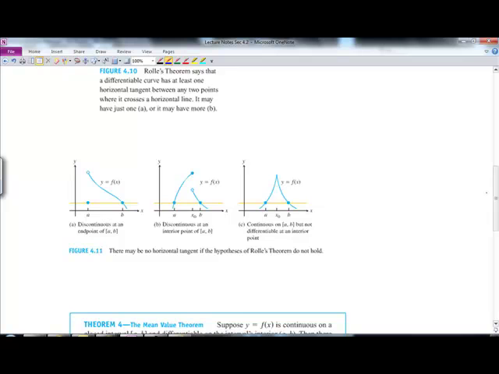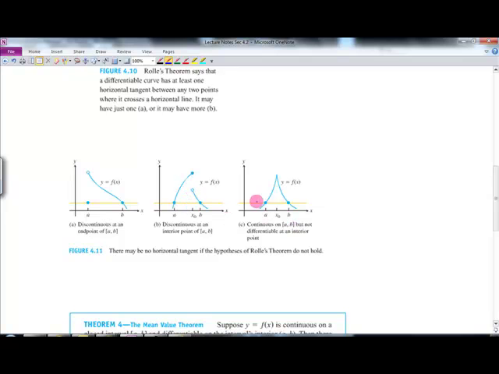There could be no horizontal tangent if the hypotheses don't hold. So what's wrong here? Between f of a and f of b, it's discontinuous at this end point, okay? We've got an open circle there. On this one, it's discontinuous at an interior point between a and b. Right here, it's discontinuous.